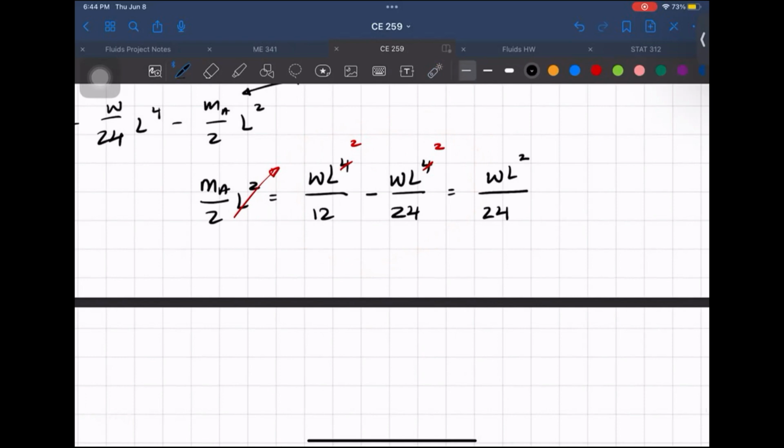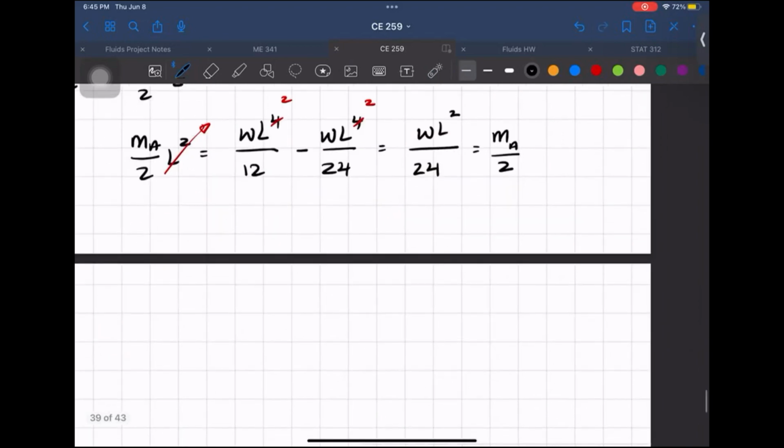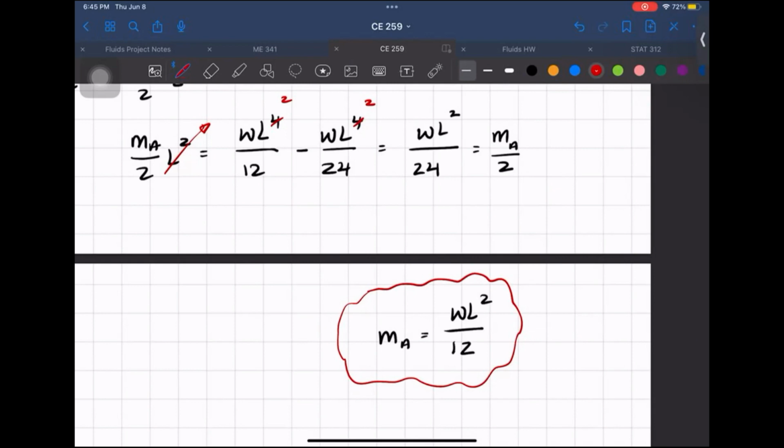Let me just double check. Yeah, so you'll have this expression right here, and you just solve for MA, which will be WL squared over 12. Whoa. Let me just double check that that was the answer that I ended up getting, and yeah, cool.